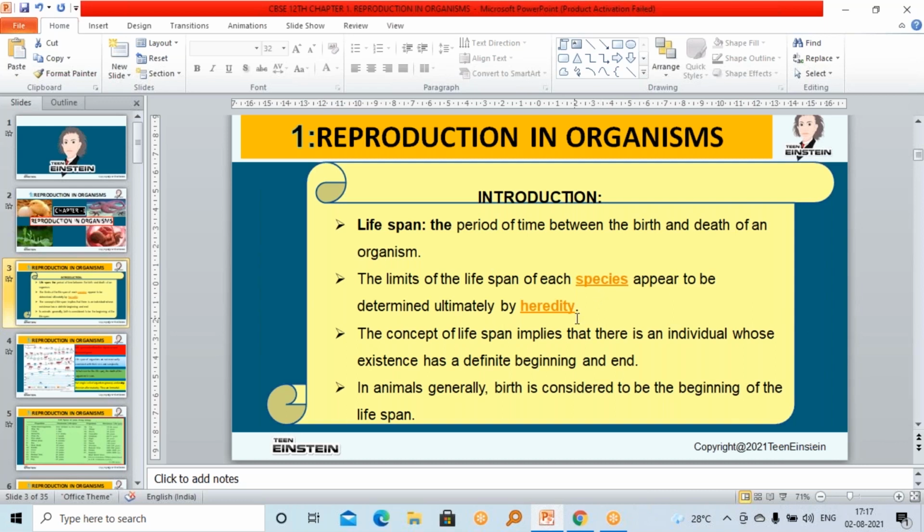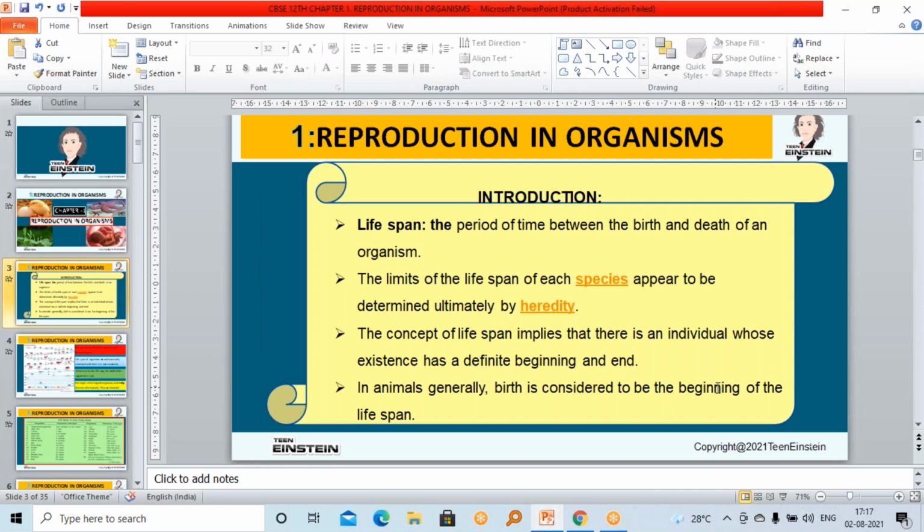So in the case of animals, birth is considered the beginning of lifespan. Lifespan means the period of time between the birth and death of an organism. From species to species, that time period varies, and it is determined by heredity.